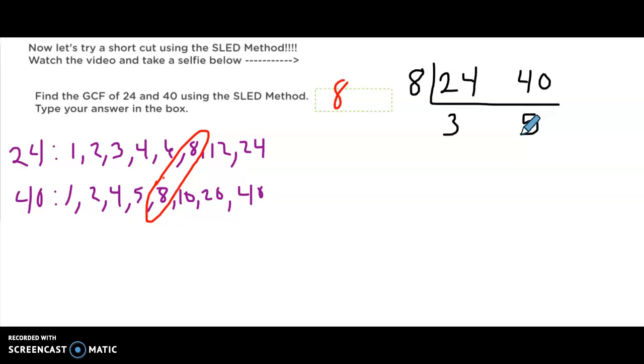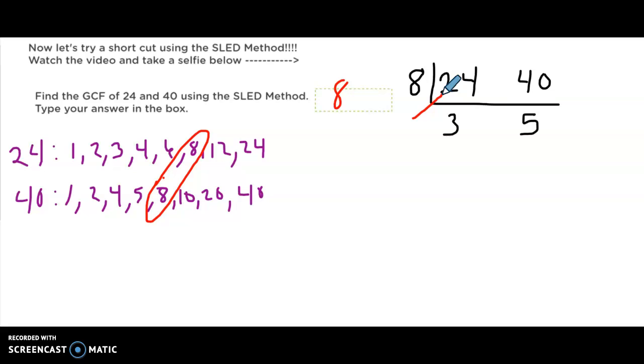Now let's look at 3 and 5. Is there any other factor that goes into both 3 and 5? Well, 3 goes into 3, but 3 doesn't go into 5. 1 goes into 3, and 1 goes into 5. Now, 1 really doesn't help us, so as soon as we only get to 1, we're going to put a doorstop right there, because the only thing that goes into 3 and 5 is 1, so we have to stop.